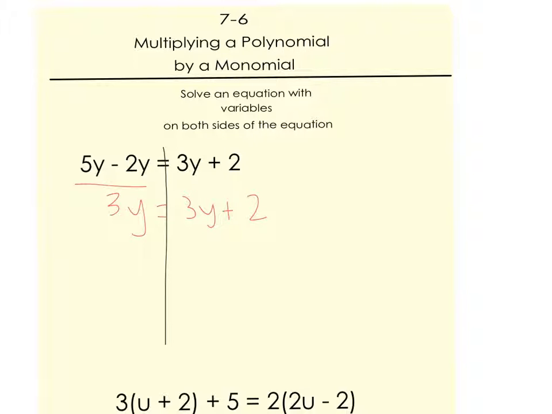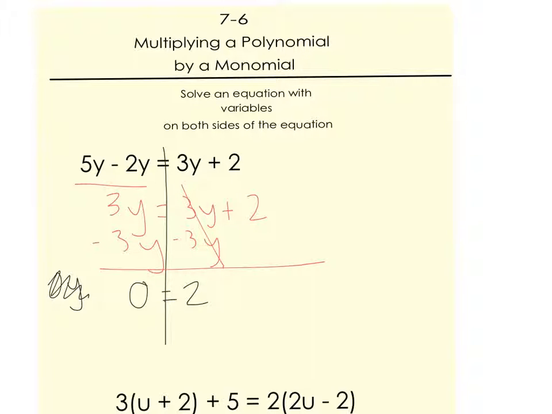Let's isolate y. So I'll first try to get all the y's on one side. So I'll subtract 3y. And what I'm left with now on my left-hand side is 0y, which I'm not even going to write because that's 0. So I have 0 equals 2. And we think about that, and can 0 ever equal 2?